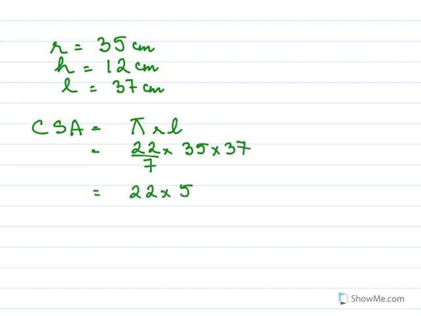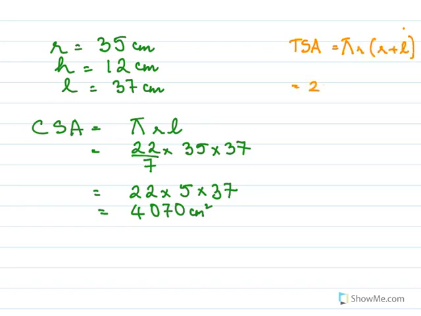When you cancel, 7 and 35 cancel to give 5, so 22 into 5 into 37, which is 4070 centimeter square.